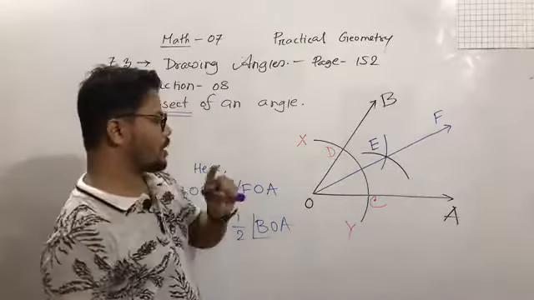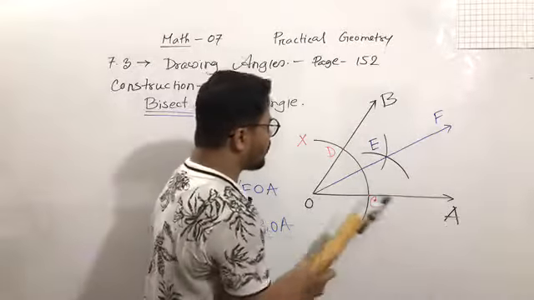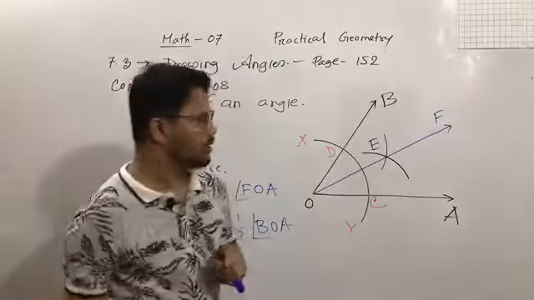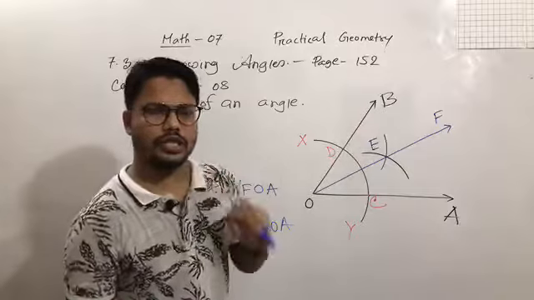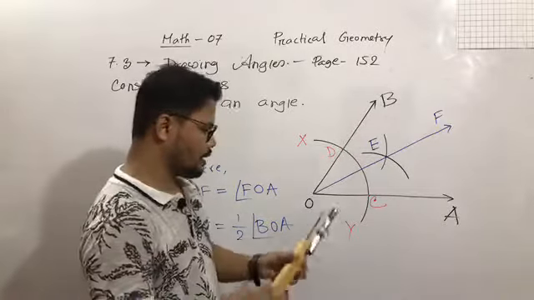Dear students, okay, let AOB be an angle. It is required to bisect the angle. Construction step 1.